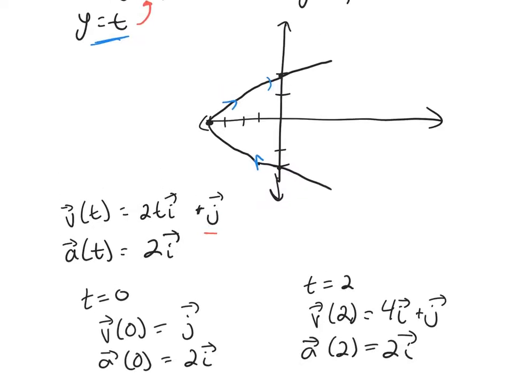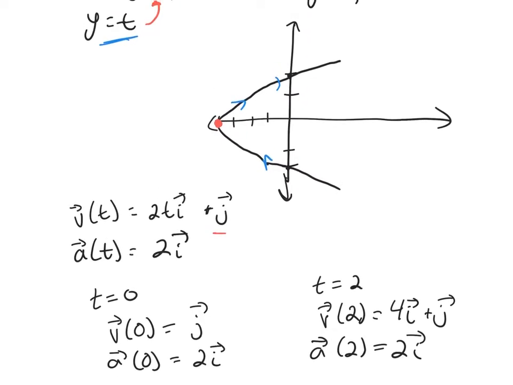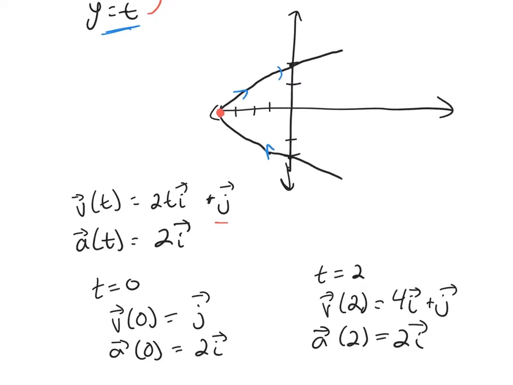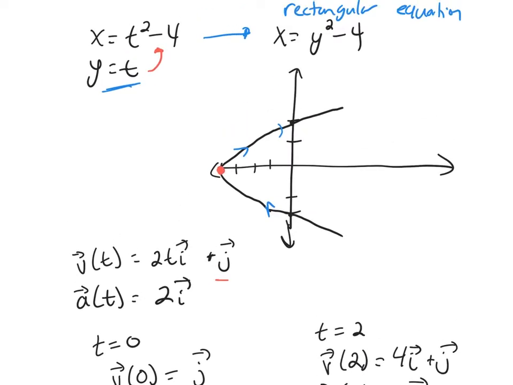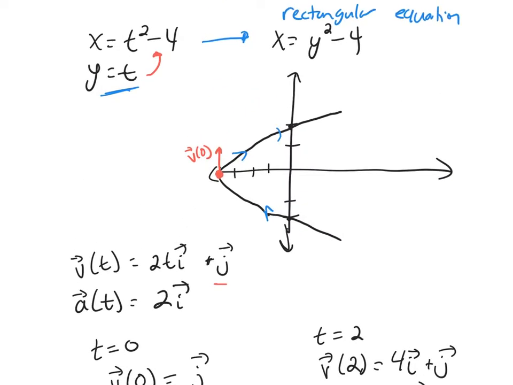When t equals 0, you're at this point right here on the curve, and velocity is moving 1j, so this is the velocity, and then the acceleration is 2i, so it's moving in the positive x direction too. So there's the acceleration at 0.